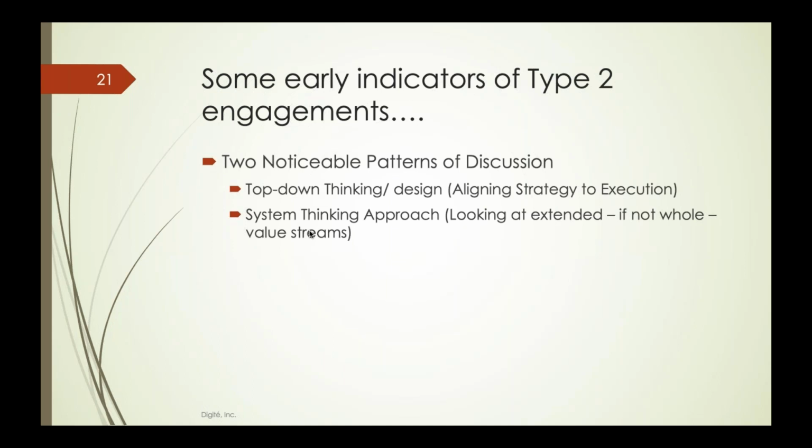One was a clearly noticeable pattern in how the discussion was not just about the team that was in the room and their work and their Kanban system. There was clearly a top-down, I would say vertical, way of thinking about their work, and there was discussion on aligning strategy to execution.